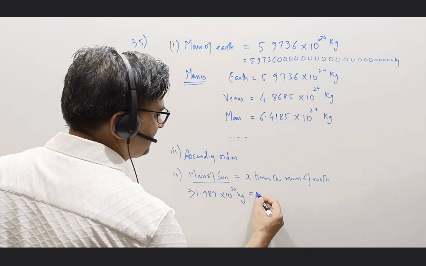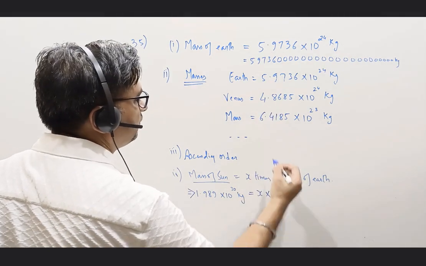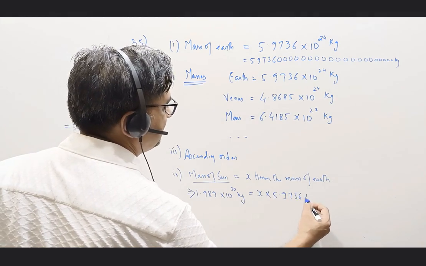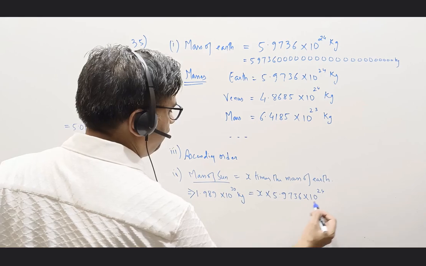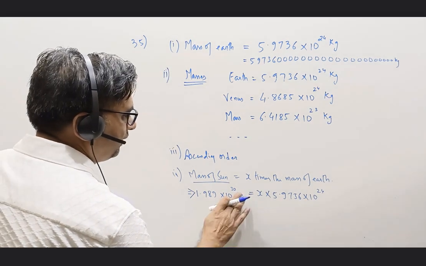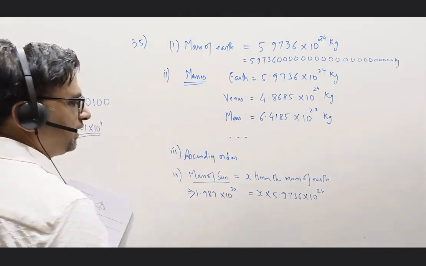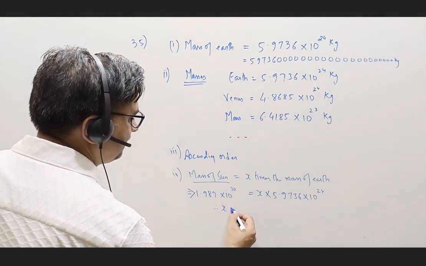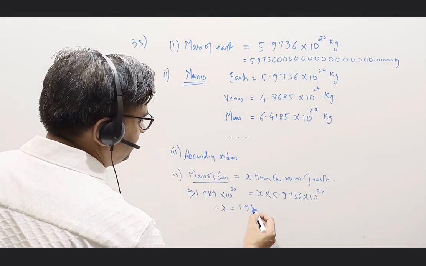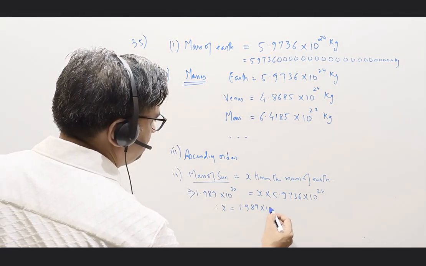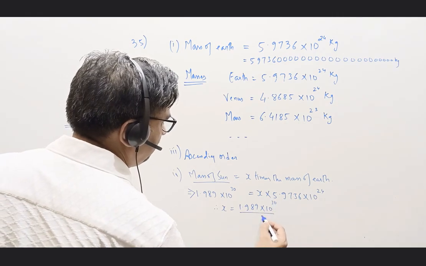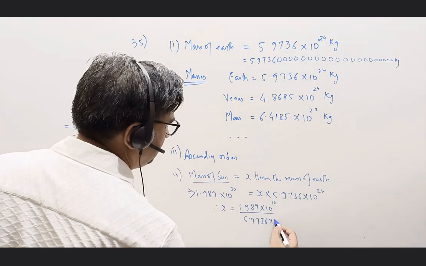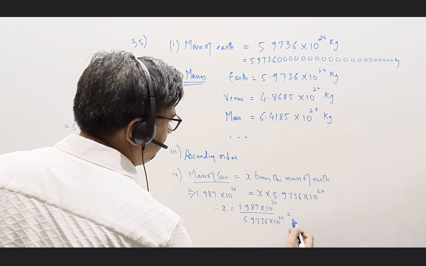So this will be x into the mass of the Earth, which is 5.9736 into 10 to the power 24. Let us remove the unit now for calculating things. So we have got to find x. Therefore, x will be equal to 1.989 into 10 to the power 30 divided by 5.9736 into 10 to the power 24.